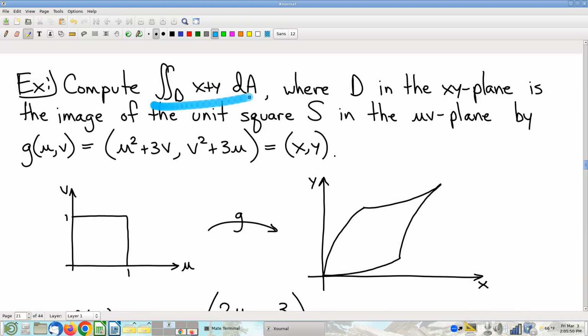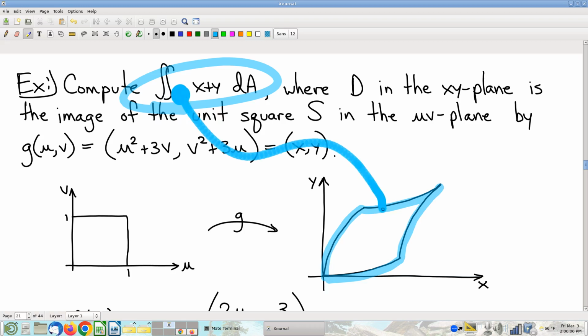I want to compute this integral right here. Integral over this domain over here on the right, what I like to call my image domain. Let's recognize for a moment that this domain is horrible. I really hate this domain.